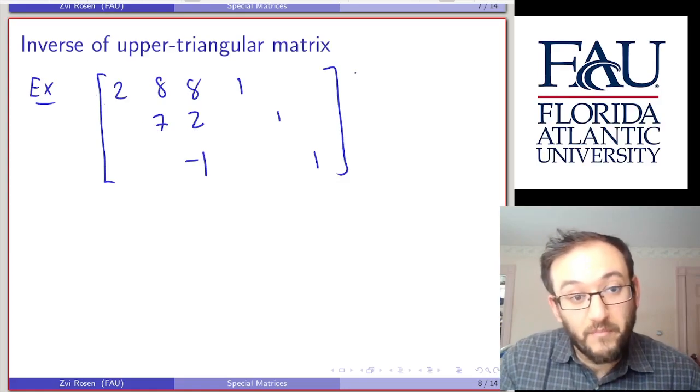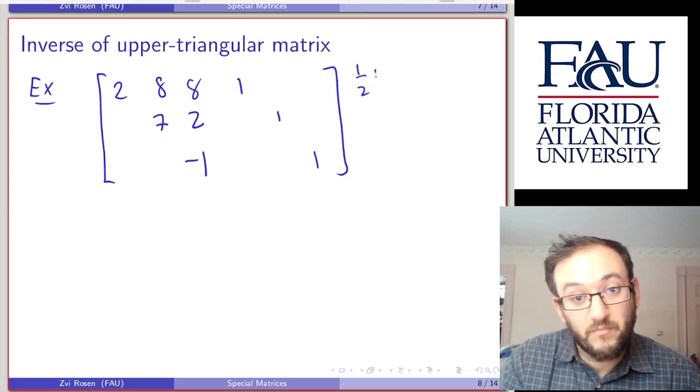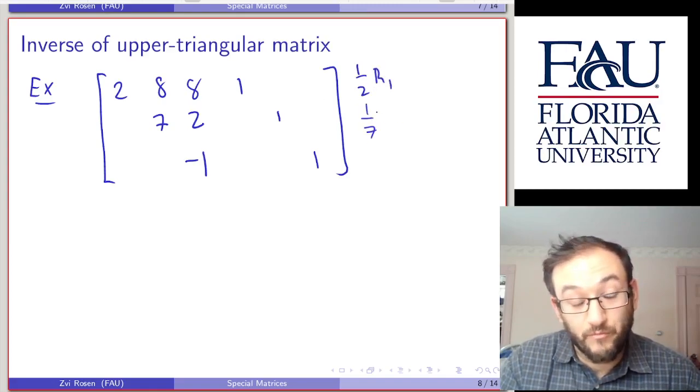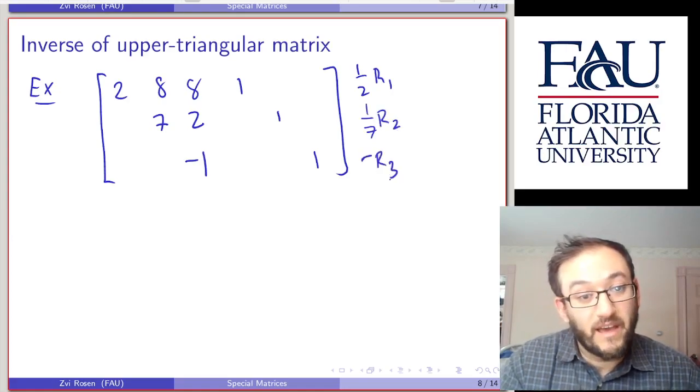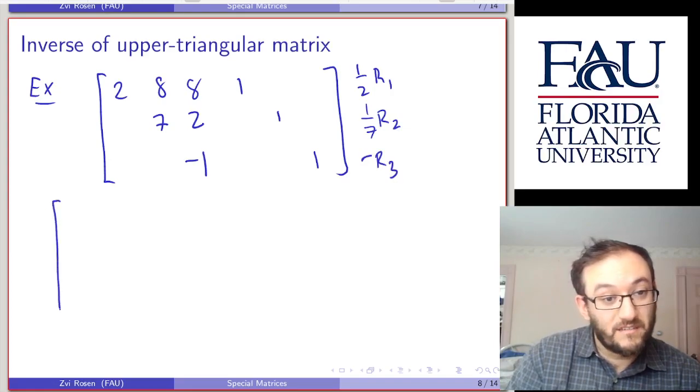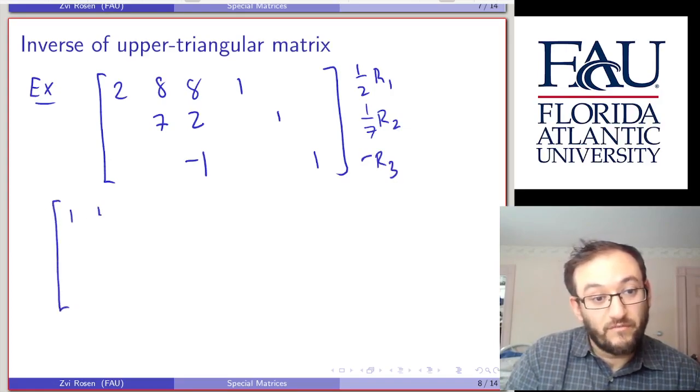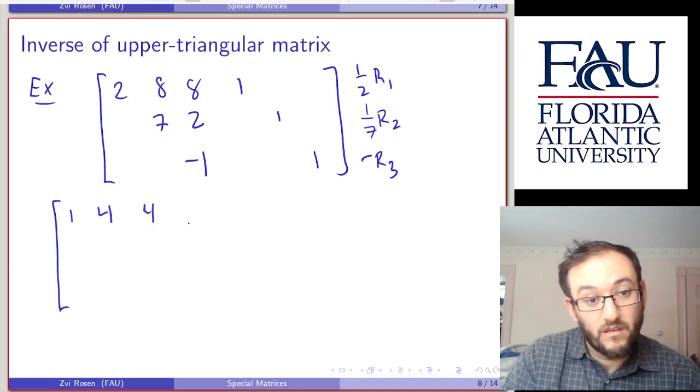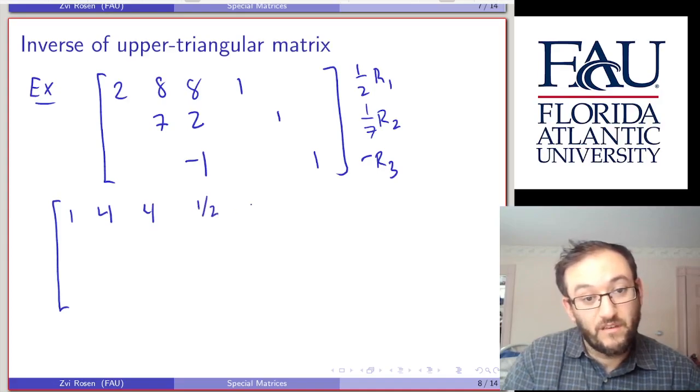So let's start by multiplying row 1 by a half, row 2 by a seventh, and row 3 by minus 1, and we get 1, 4, 4, 1/2, 0, 0.